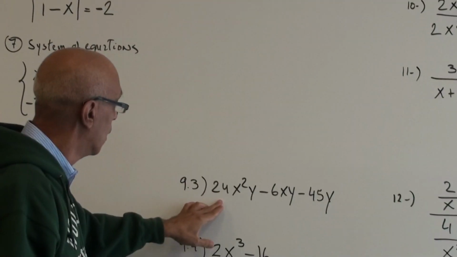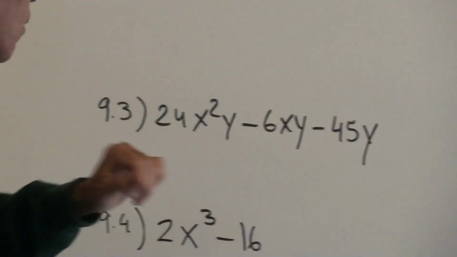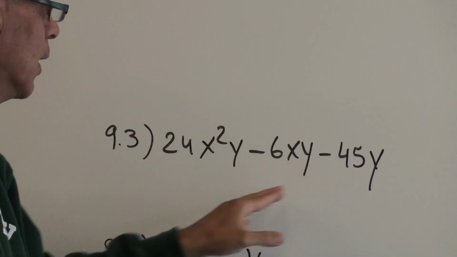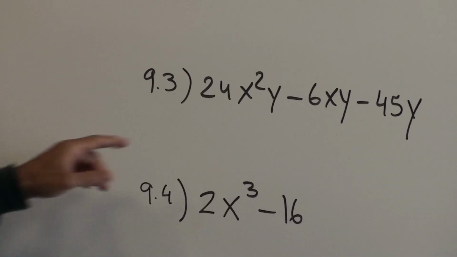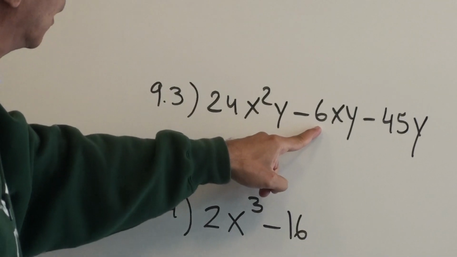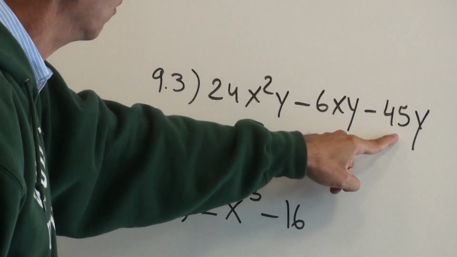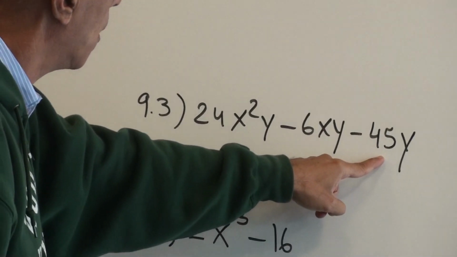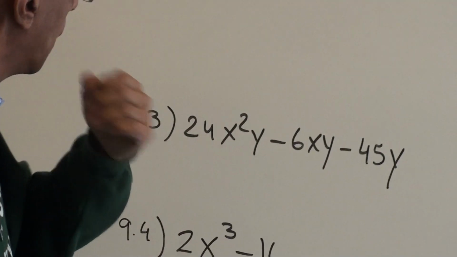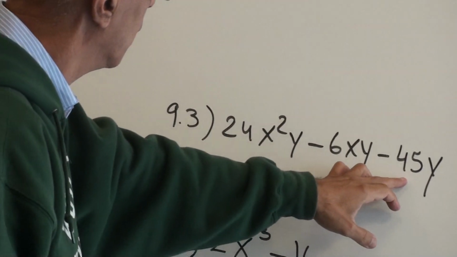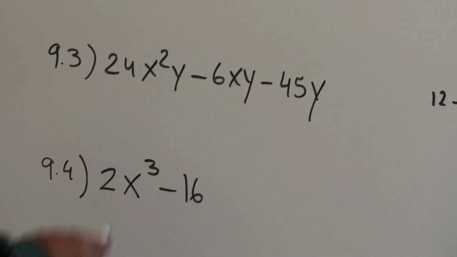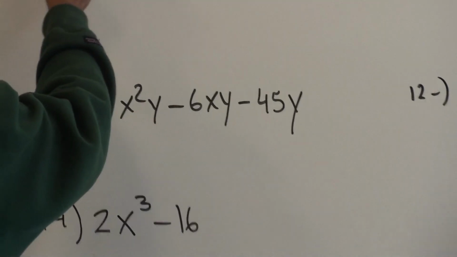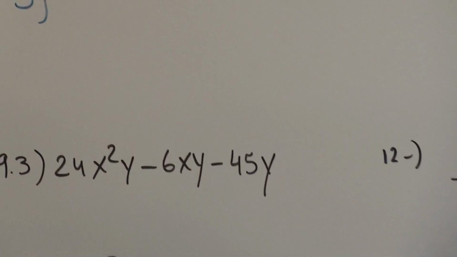Okay, let's look at this one. 24, 6, and 45. And I see y is a common term, so I can extract that out. Can I extract 6? Not really, because this is 45. Maybe 3. Yes, I can extract 3 out of here. 3 and y, because y is common in every term.